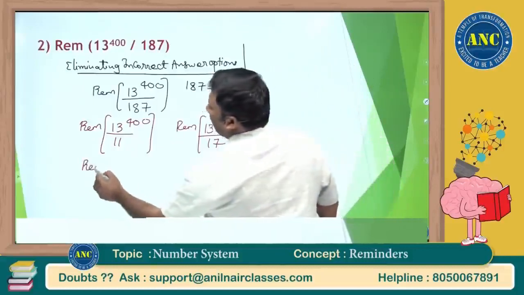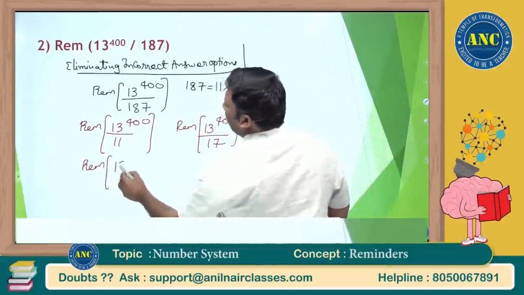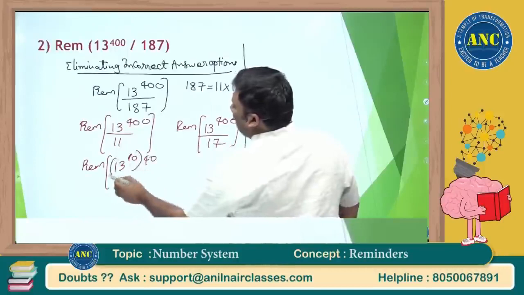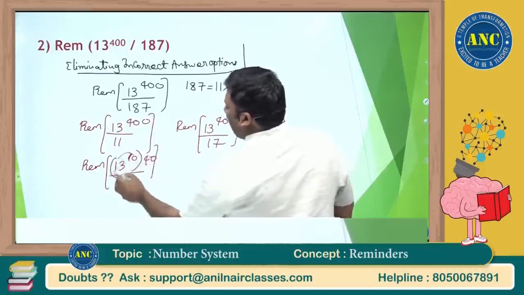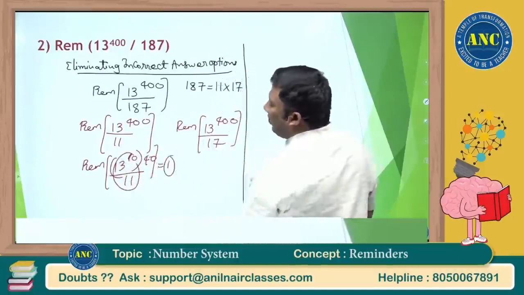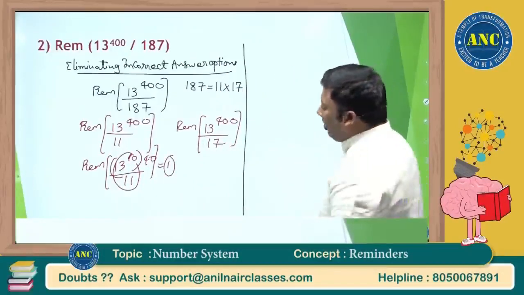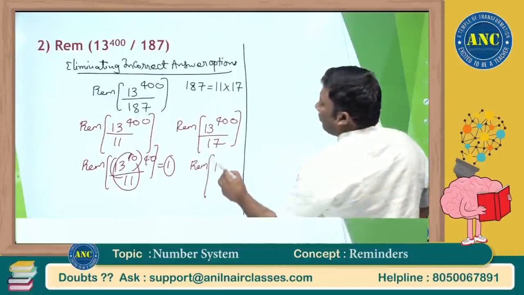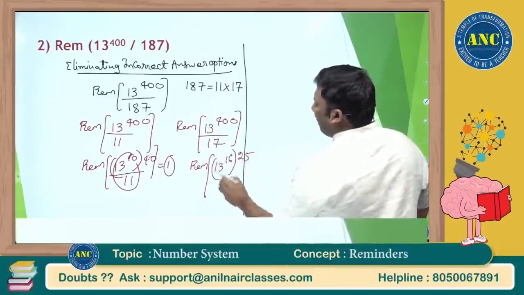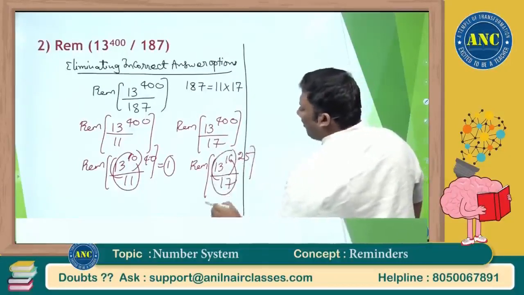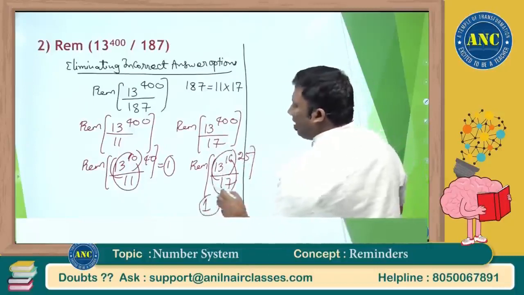11 is a prime number, so 13 power 10 power 40 divided by 11 gives a remainder 1. For 17, the power will be 16, so 13 power 16 divided by 17 has remainder 1.